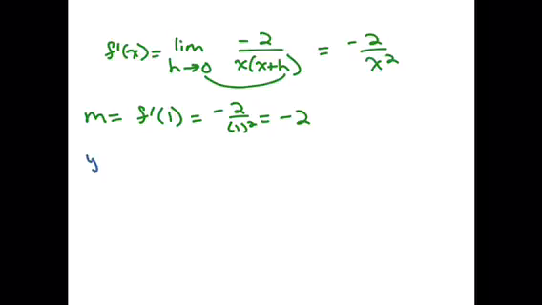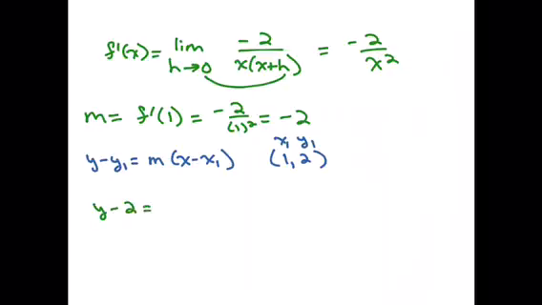So remember, our formula here is y minus y1 equals m times x minus x1, and our point is (1, 2), so that's our x1, y1, and we just found our slope. So when we plug into this formula, I get y minus 2 equals negative 2 times x minus 1, and that would be my answer if I wanted it in point-slope form.